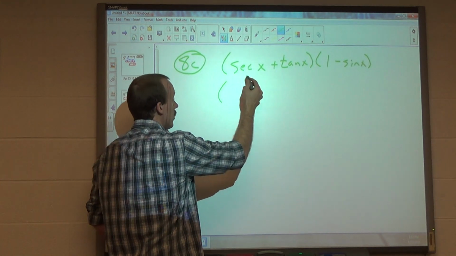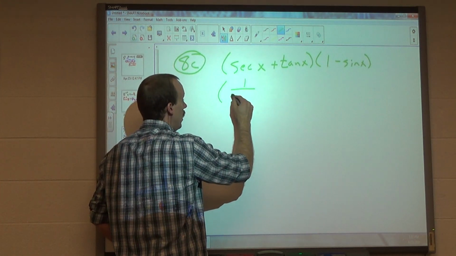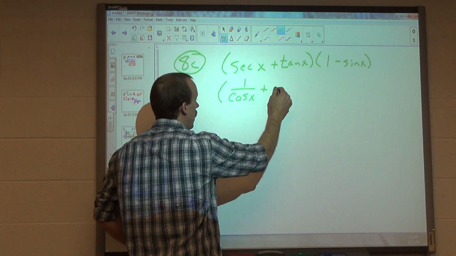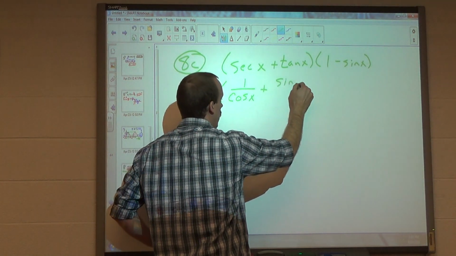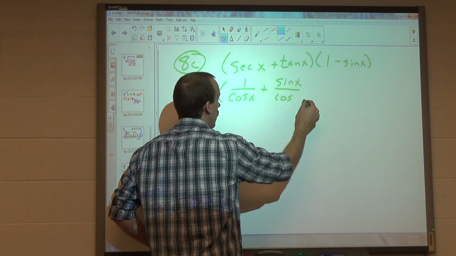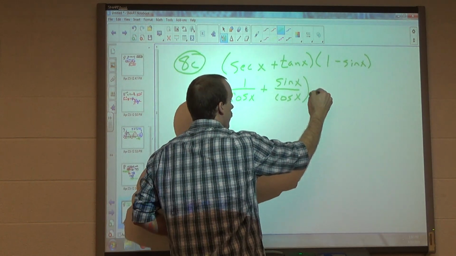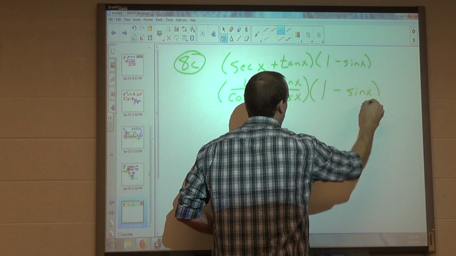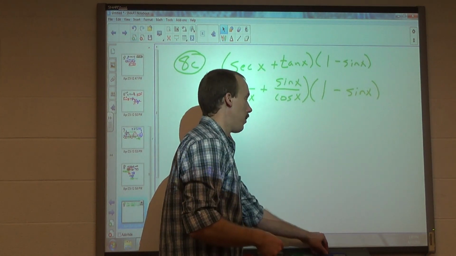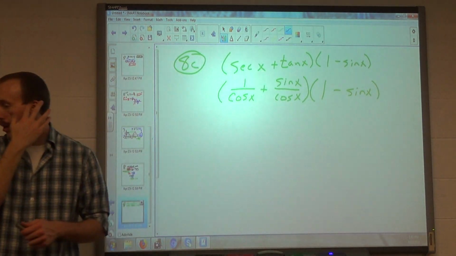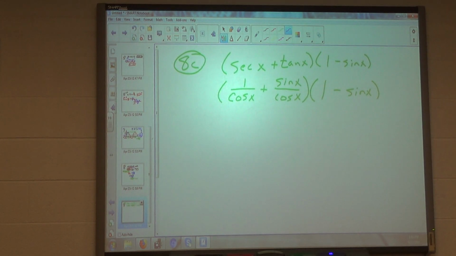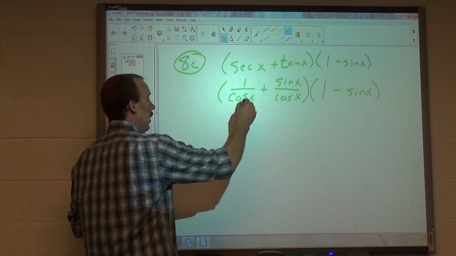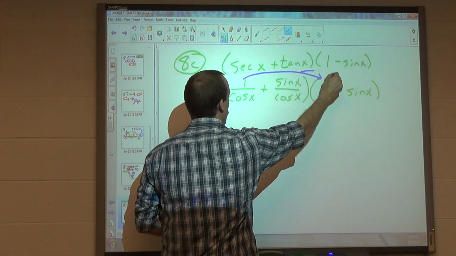I'll convert first. Secant is 1 over cosine, tangent would be sine over cosine, and then this is just 1 minus sine. Once I convert, now I FOIL or distribute.